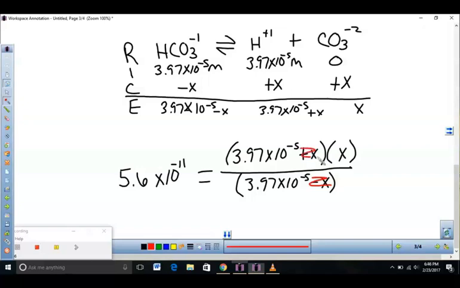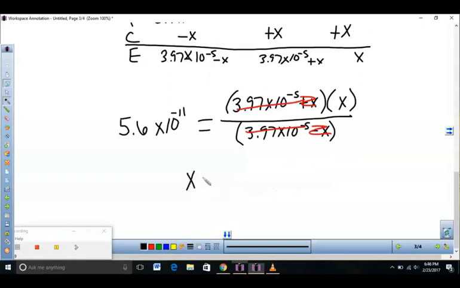I can also get rid of this plus x. And now you'll see the top and the bottom are the same, those are going to cancel, so our x magically equals our Ka2. Does that always happen? A good percentage of the time, depending on your K value. Now, if this had been like to the negative 3rd or something, no, it wouldn't happen. But I don't think on any of the polyprotics it's any number like that.